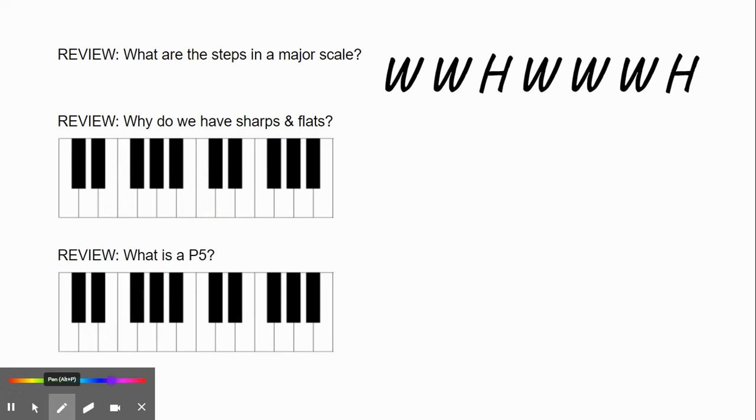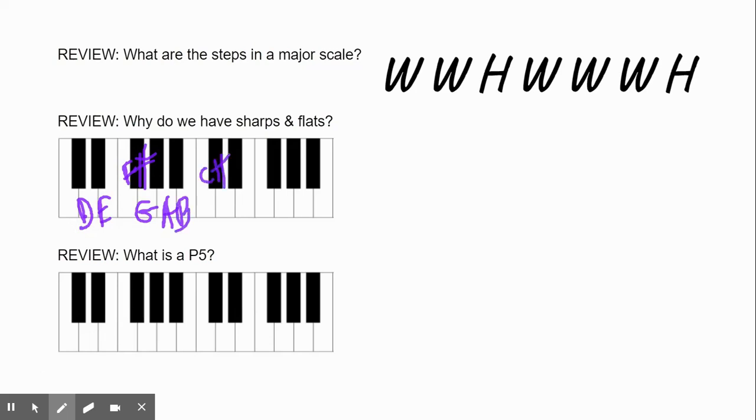Now, if I start on D, I'm going to go D, E, F sharp, G, A, B, C sharp, D. I do not call this G flat because D, E, F, G, we're not going to use two Gs.